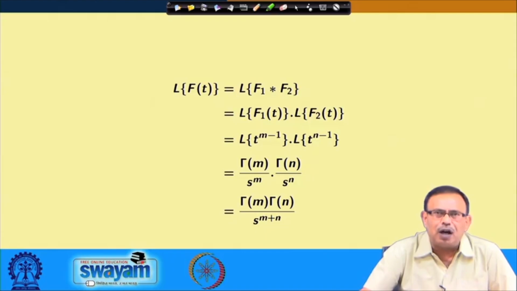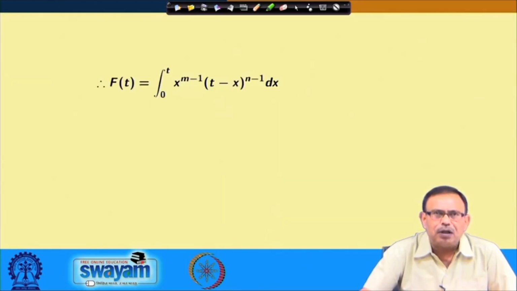So, this is equal to gamma m into gamma n, not gamma m plus n, which I told earlier. This is gamma m into gamma n by s to the power m plus n.